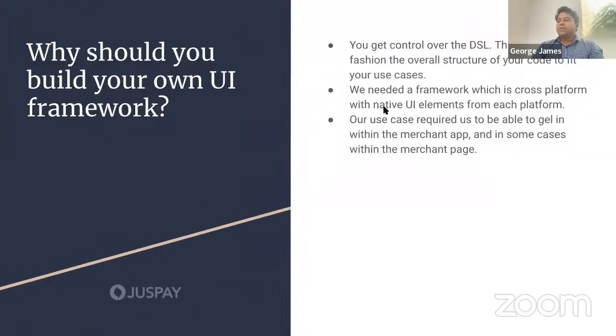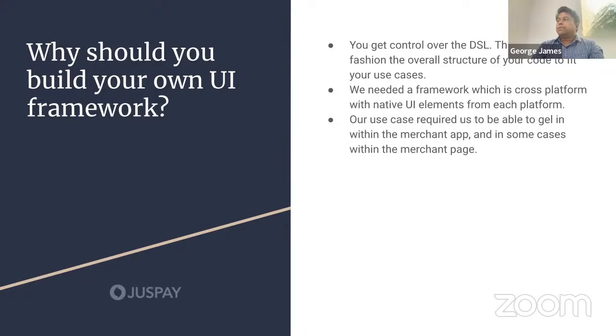So yeah, why should you build your own UI framework? And this is an interesting question, right? This is not something you would regularly do. If you're writing front end, you would rather just go with one of the existing solutions. But building your own UI framework gives a lot of merits. Mainly, first is you get to control how your code looks.